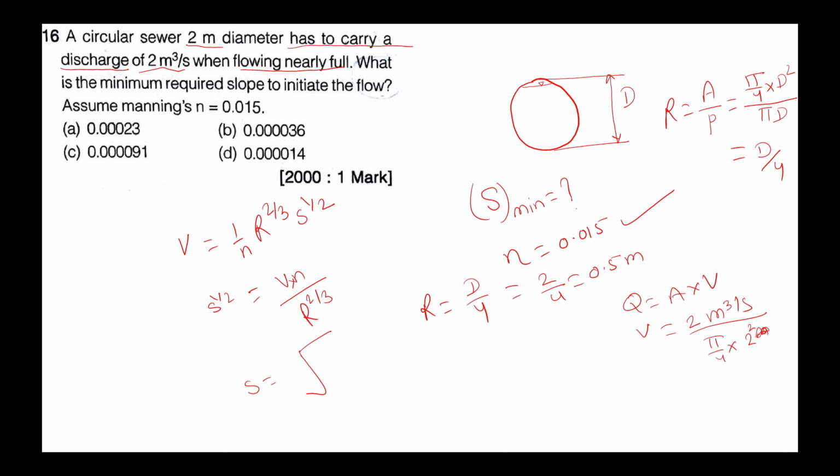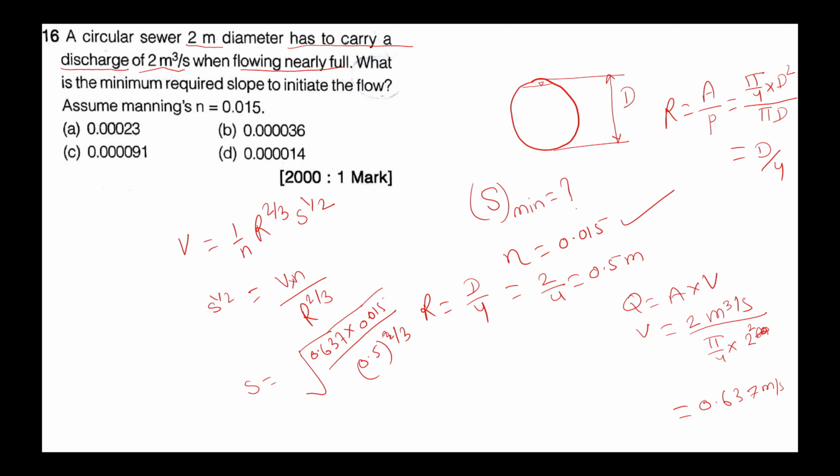Your velocity will come out 0.637 meter per second. So you need to put here 0.637, n value 0.015, divided by R to the power, that means 0.5 to the power 2 by 3.